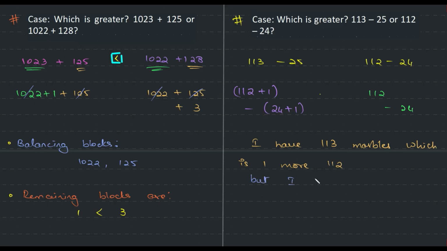But I lost 25 marbles, that is 1 more than 24. Do you guys agree? So I had 1 marble extra, but I lost more. See, minus is nothing but losing, is it not? So I lost. This person also lost, but I lost 25. The other person lost 24. So I lost 1 extra.